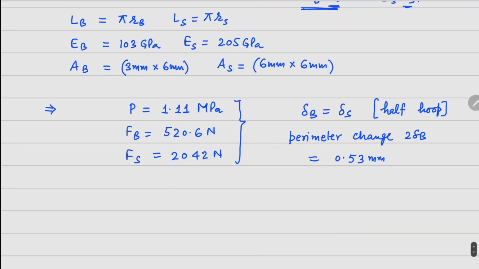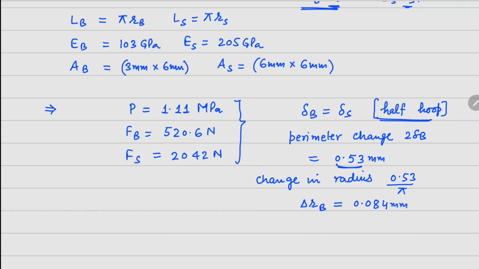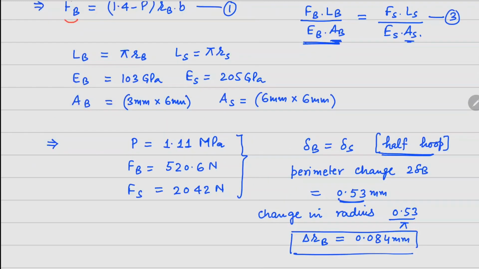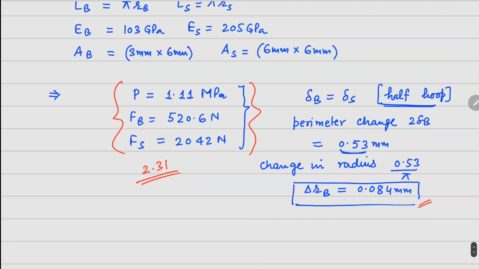And if we are looking for change in radius, your half hoop, which is pi times RB, we can take this value and divide it by pi, so 0.53 divided by pi, and this gives you delta RB, which is 0.084 millimeters. So these forces were asked in problem number 2.31, and this change in radius and deformation, these were asked in problem 2.32.